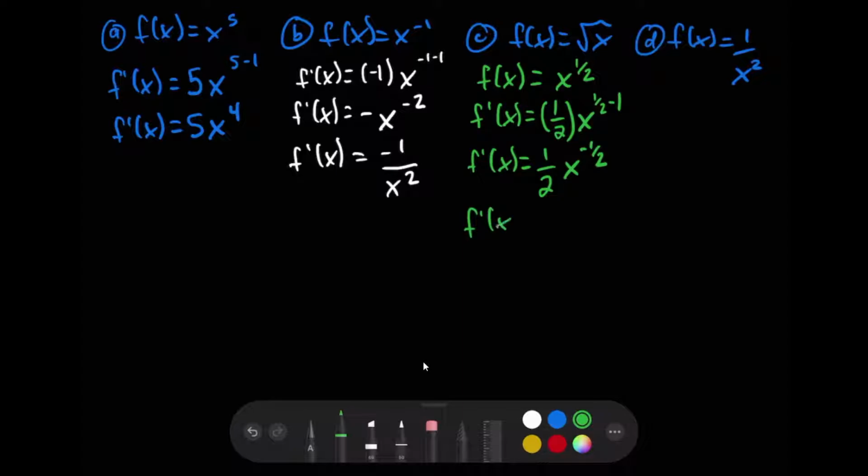So f prime of x is equal to, we'll bring this down, 1 over 2 x to the power of half. So the negative gets used up, so to speak, bringing the number to the bottom. And f prime of x is equal to 1 over 2 root x.